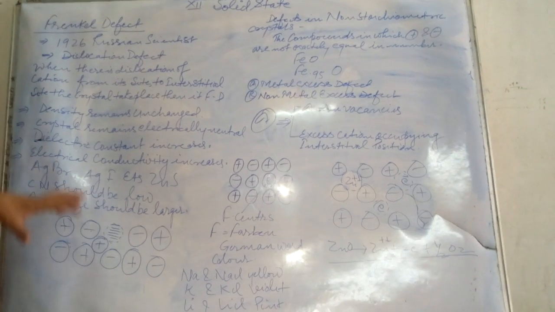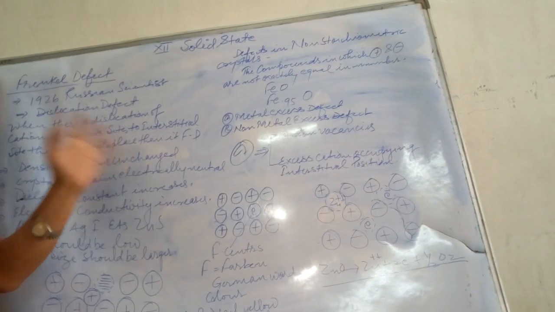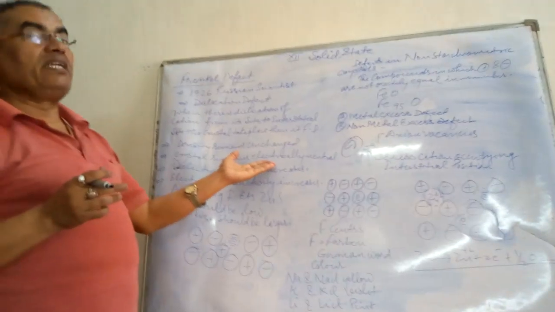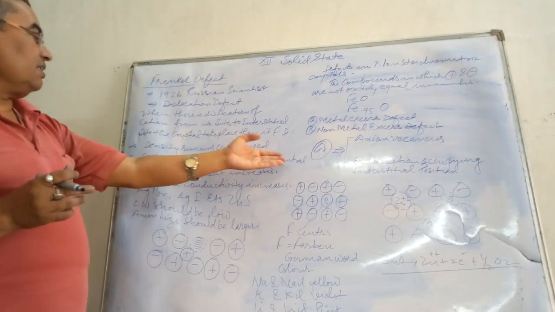Now what happens during Frenkel defect? The density remains unchanged, and the crystal remains electrically neutral.